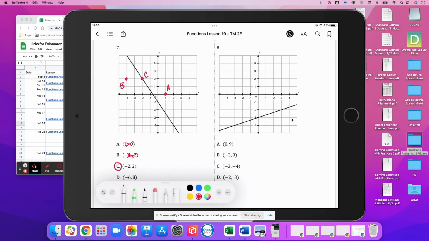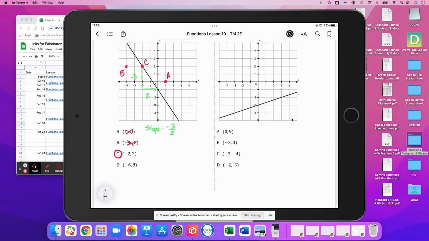Let's go ahead and set up an equation for that one. So we can see from the graph that our slope is negative 1, 2, 3 over 2. So slope is negative 3 over 2. Our y-intercept is negative 1. So we can make the equation y equals negative 3 over 2x minus 1.